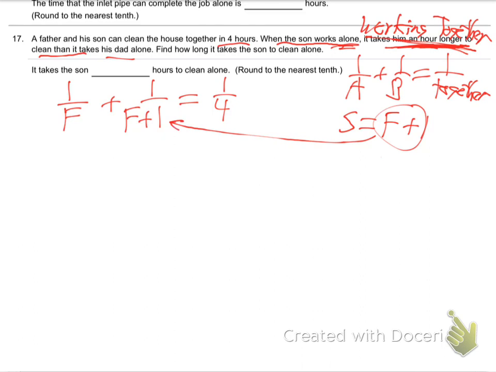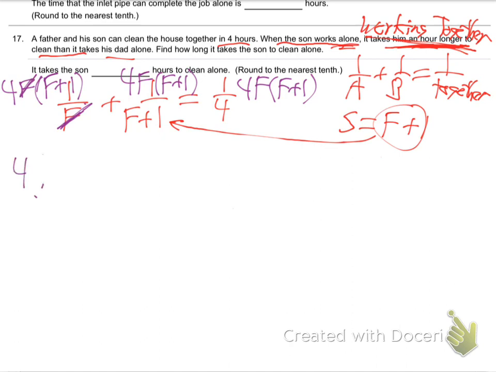Let's solve it. Common denominator, which is 4f(f plus 1). Okay, f cancels f.